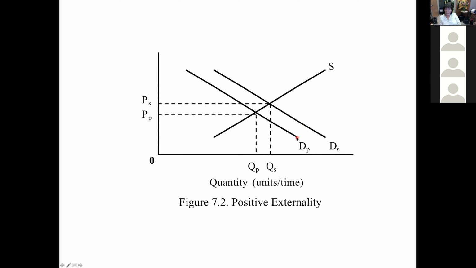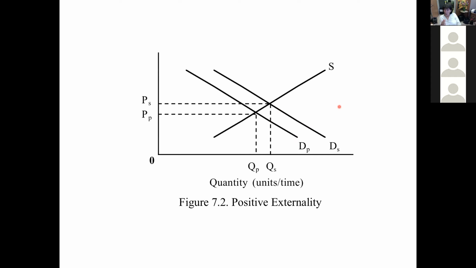What we'd like to do is move this up to there, and then we would be back to happy. But with this divergence, there's going to be stuff that doesn't happen because no one is willing to bear the cost.